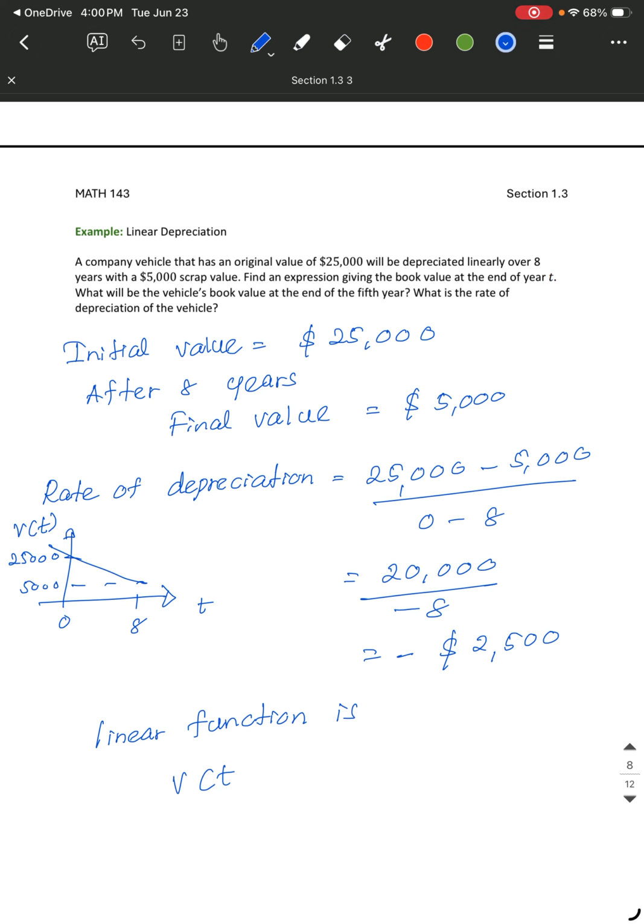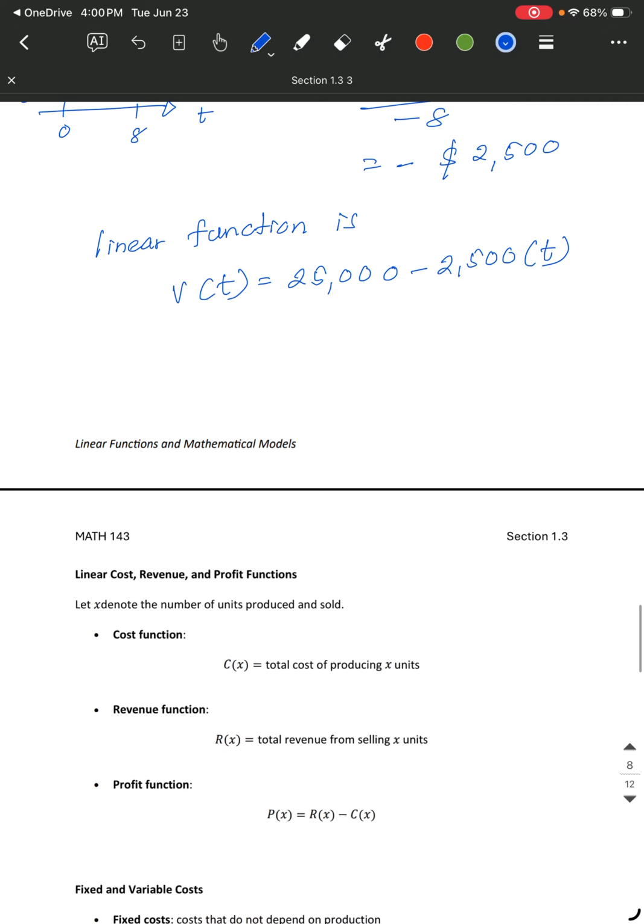V of t equals 25,000, the initial value, minus 2,500 times t. Then by plugging in the t value, you can find the value of the vehicle at the time given here.